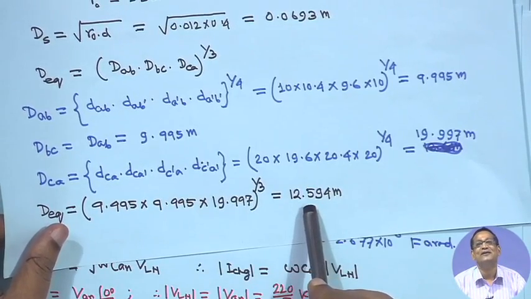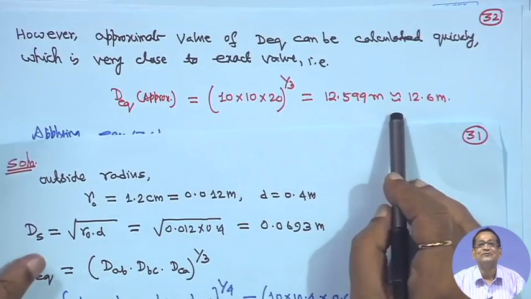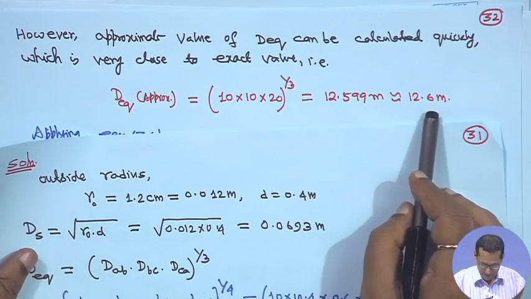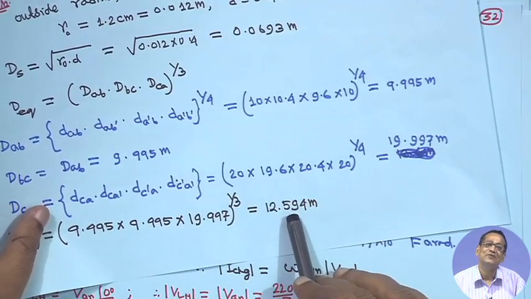So 599 and 594, there is almost no difference, it is approximately 12.6 meter.